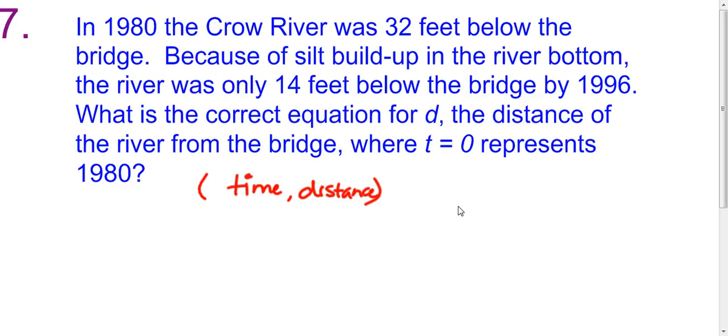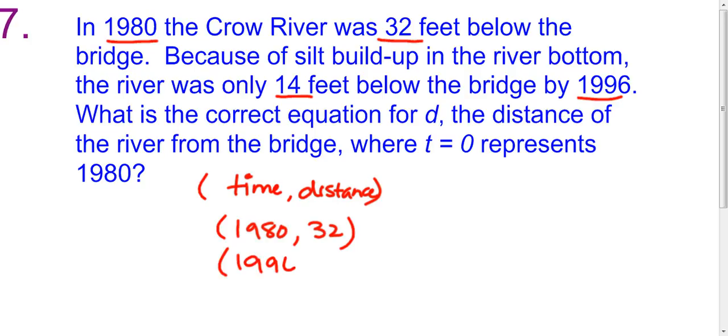What I have right here really and truly is two coordinates. I have one coordinate that comes right here in the year 1980. The bridge was 32 feet, or the water was 32 feet below the bridge. And then my other coordinate would be 14 feet below the bridge in the year 1996.